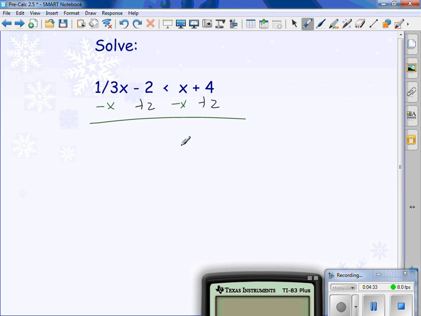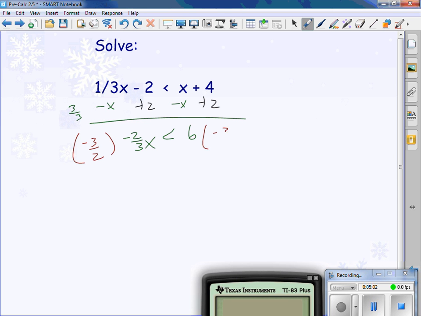4 and 2 is 6. What's a 1/3 and a negative x? Let's see, this is 3 over 3, so it's negative 2/3 x. What do I do now to solve? Multiply by the reciprocal, so multiply by negative 3 halves.